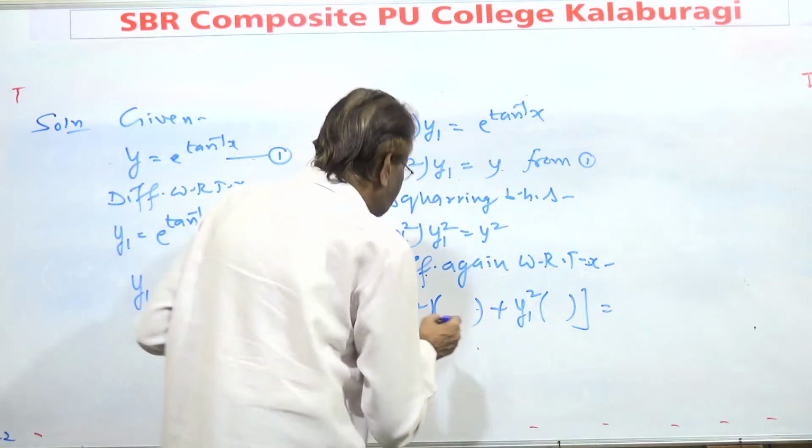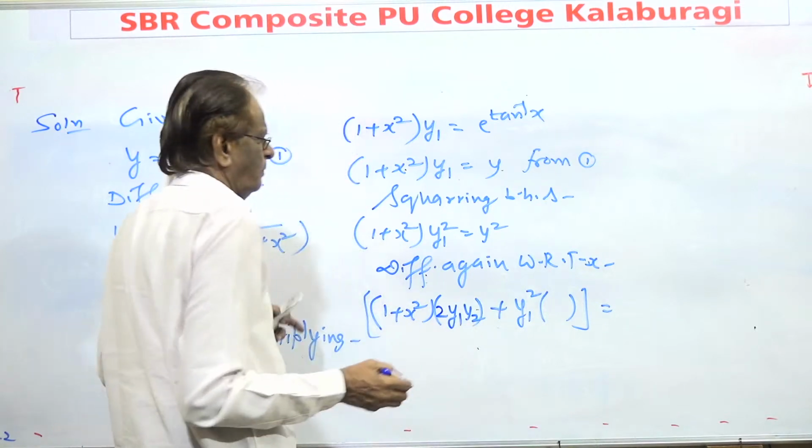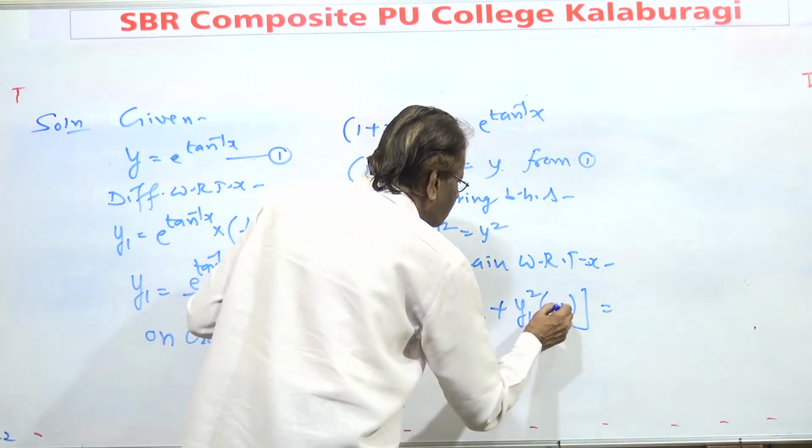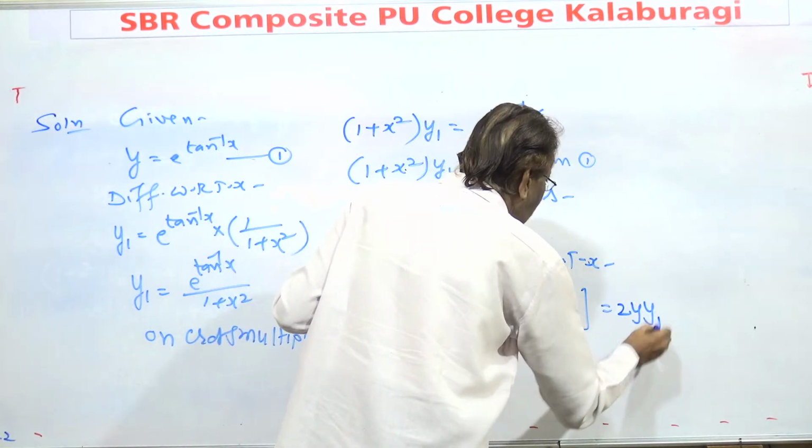Differentiation of y1 squared, 2y1, y1 differentiation y2. Differentiation of 1 plus x squared is 2x. Differentiation of y squared is 2y, y differentiation y1.